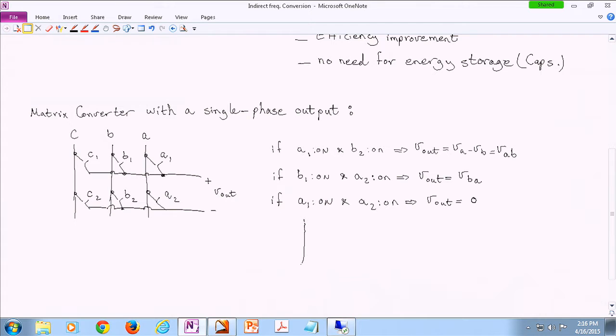And the other 3 possibilities are just giving us 0. So 9 possible states: 6 of them are line-to-line voltages, and 3 of them are 0.